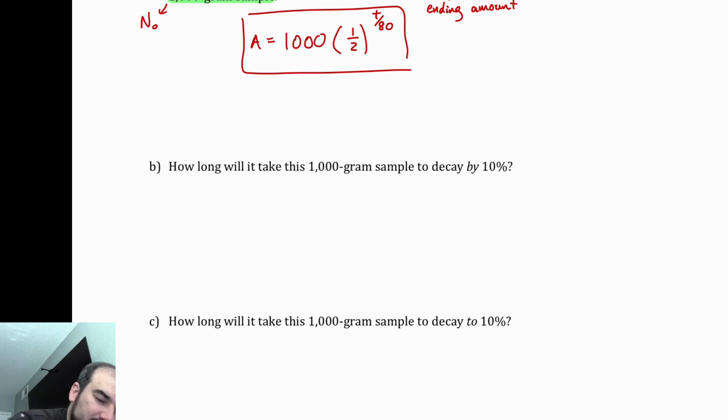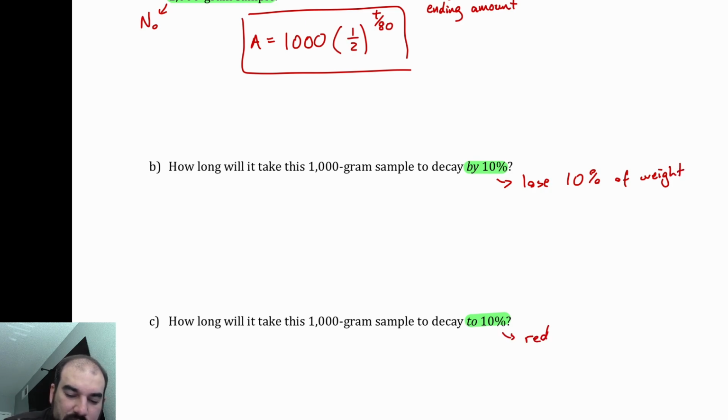Decay. So part B says, how long will it take this 1,000-gram sample to decay by 10%? And then part C says, how long will it take this 1,000-gram sample to decay to 10%? This is essentially saying by 10% means lose 10% of weight or mass. And this is reduce down to 10% of its weight.